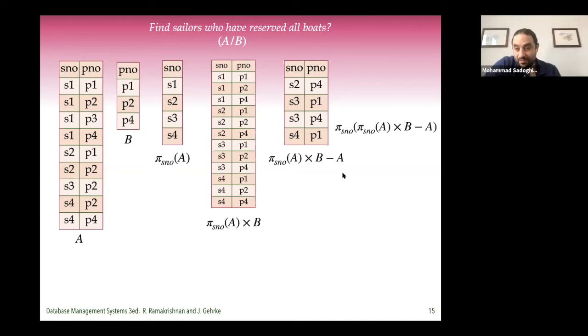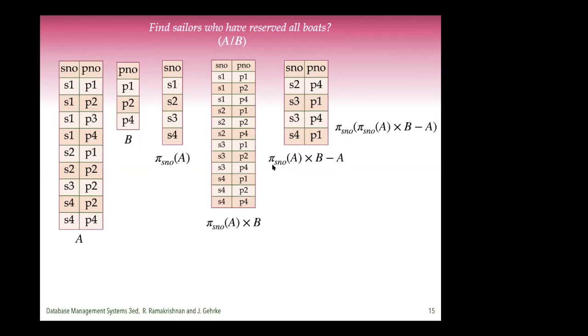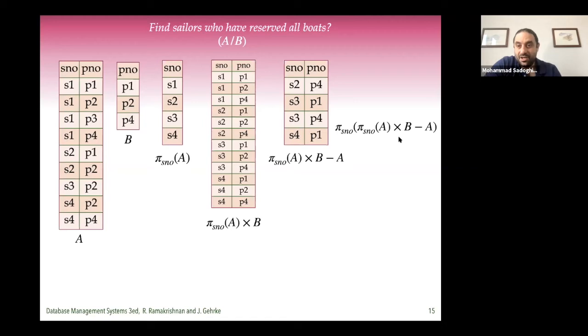Exactly. So for example, let's get the list of sailors, just with a projection on this relation. Get the list of sailors that haven't reserved at least one boat. So S2, S3, S4, which appear here, there is at least one boat that they didn't reserve.